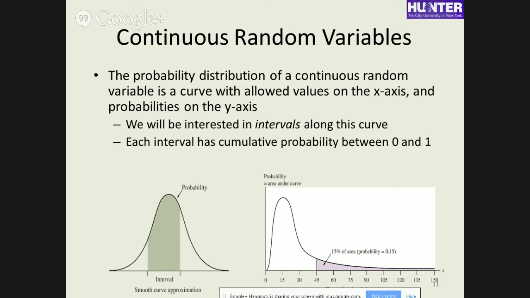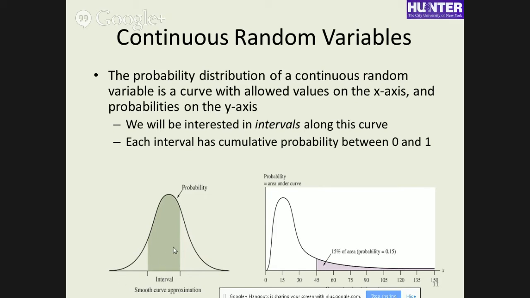So does anyone know if we went all the way across the limits, say here from -infinity to infinity, what the area under this curve is if the y is representing a probability? 1. Yep. So any interval that does not include the limits is going to have a probability somewhere between 0 and 1.